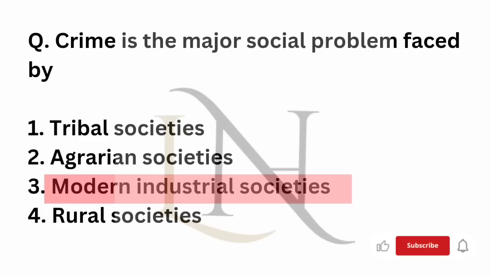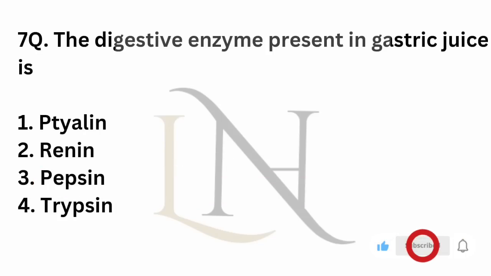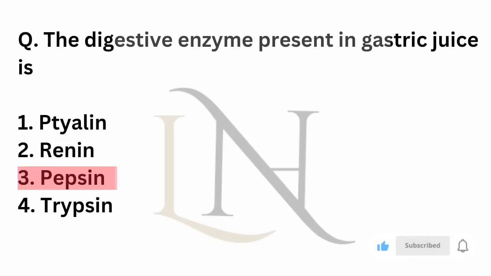Next MCQ. The digestive enzyme present in gastric juice is option 1 ptyalin, option 2 renin, option 3 pepsin, option 4 trypsin. Answer is option 3, pepsin is present in gastric juice.